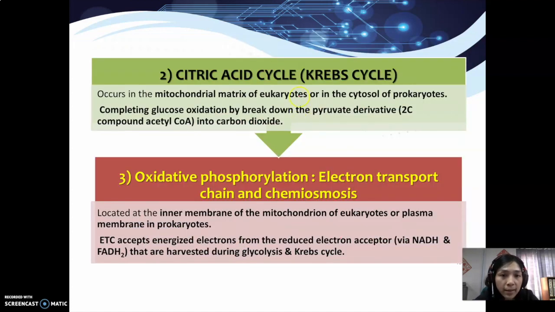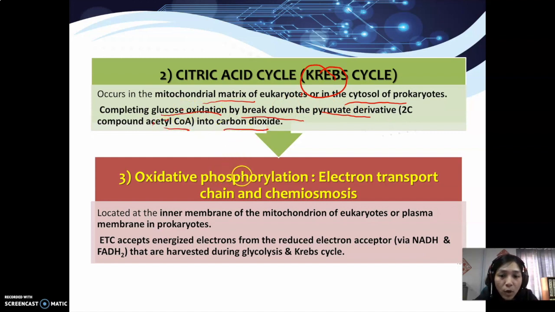The citric acid cycle, also known as the Krebs cycle after the name of the scientist, occurs in the mitochondrial matrix of eukaryotes or in the cytoplasm of prokaryotes, because prokaryotes do not have mitochondria. It completes the glucose oxidation by breaking down the pyruvate derivative, acetyl-CoA, into carbon dioxide.